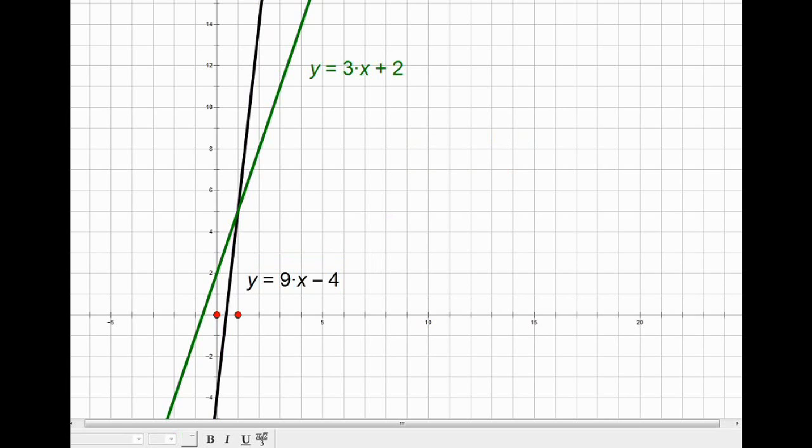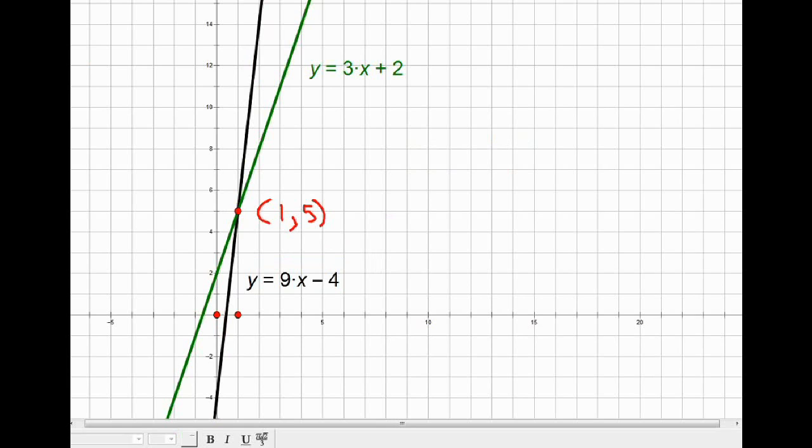And if we look at these two graphs here, we can see that the coordinate where they intersect is there. And what is the coordinate there? Well, our x value there is 1, and our y value is 5. Now let's talk a little bit about why that's the point of intersection.